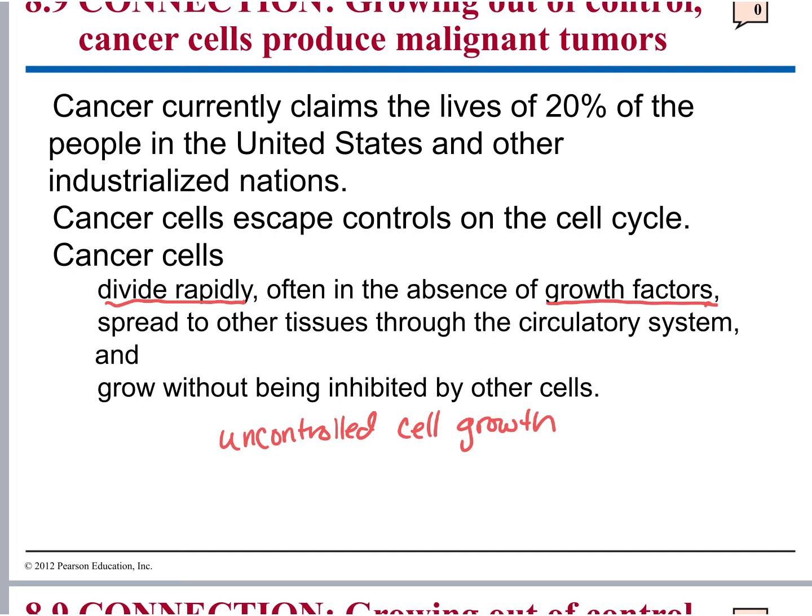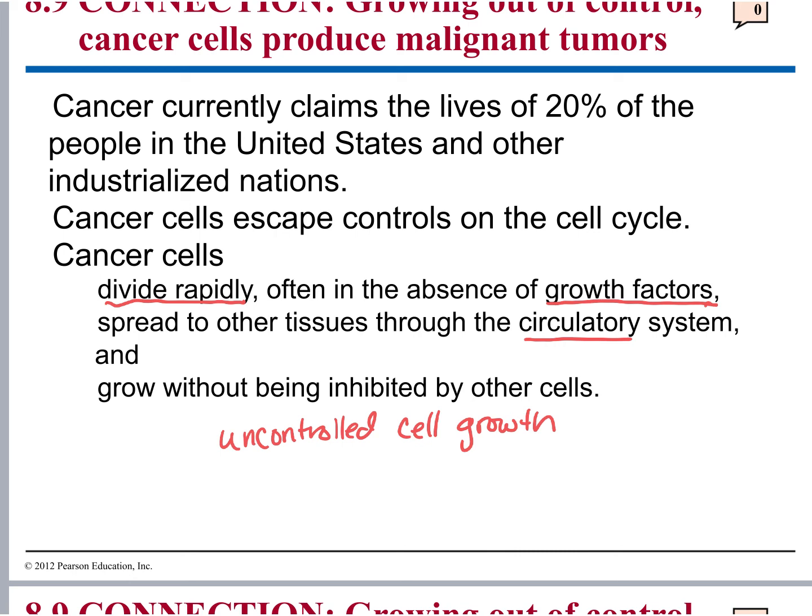And when those cells divide very rapidly, they can often escape into your blood vessels. And once those cells that are mutated and growing faster than normal get into the circulatory system, your blood vessels, then they have the ability to go anywhere in the body.